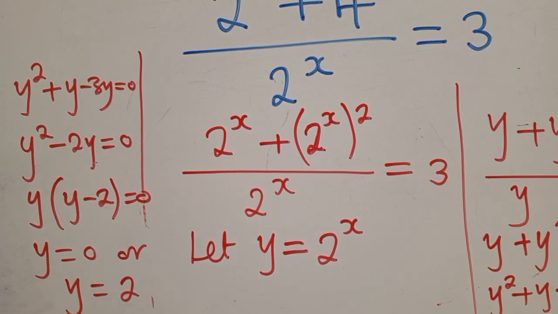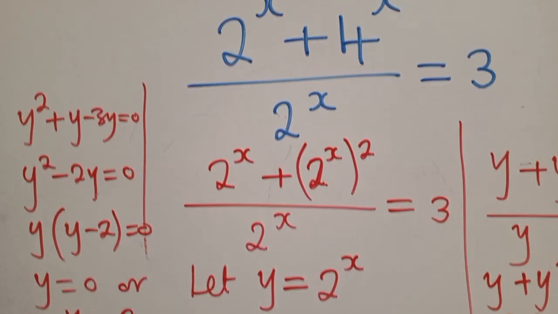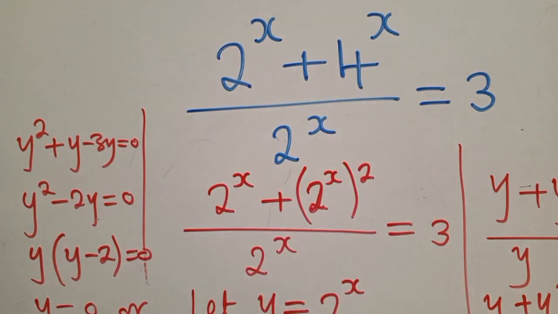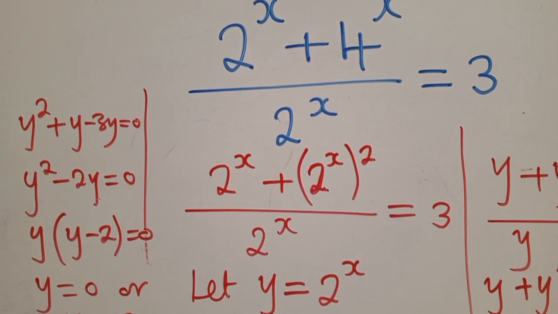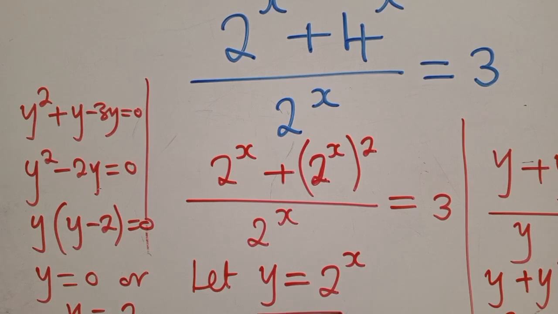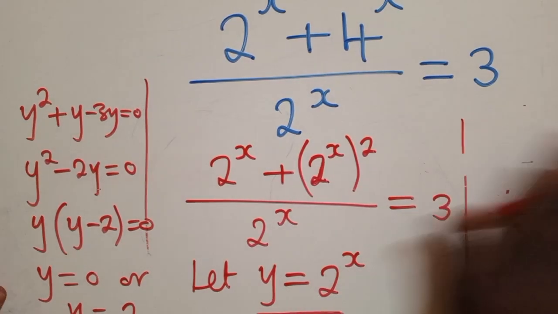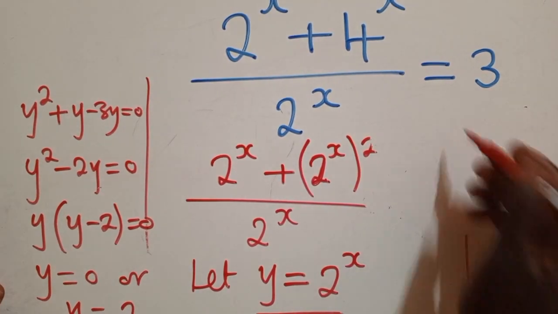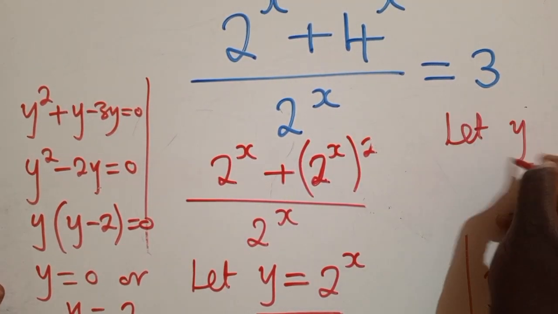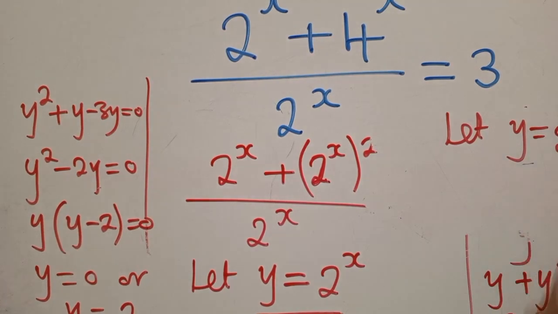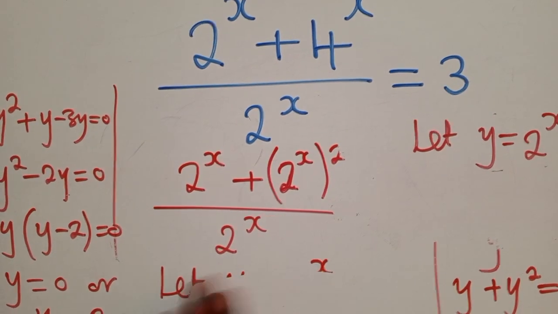Now in the question, if you're able to see, they have told us to find the value of what? Of x, but we found the value of y. So the key point will be this point right here, where we said let y be equal to 2 power x. This is the key point, okay?